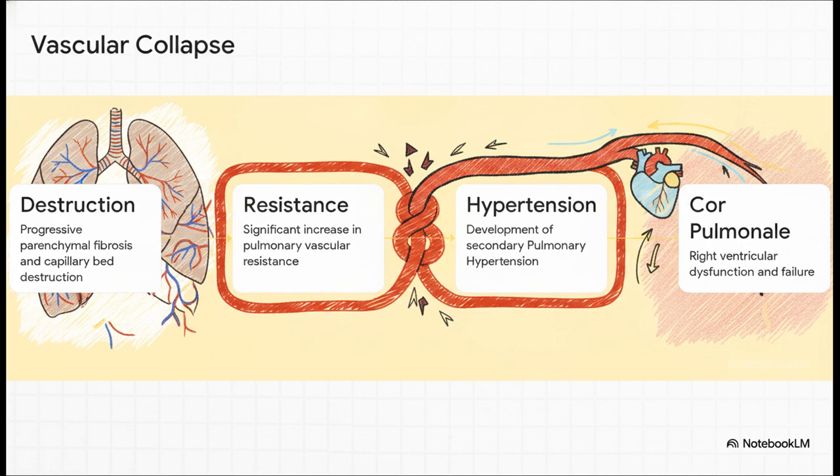With way fewer capillaries available, pulmonary vascular resistance massively spikes. This directly drives Step 3, the development of secondary pulmonary hypertension. And finally, Step 4, the right ventricle. Remember, the right side of the heart is only used to pumping against very low pressure, so it fails against this new high resistance, leading to right ventricular dysfunction and eventually cor pulmonale, which is right-sided heart failure.